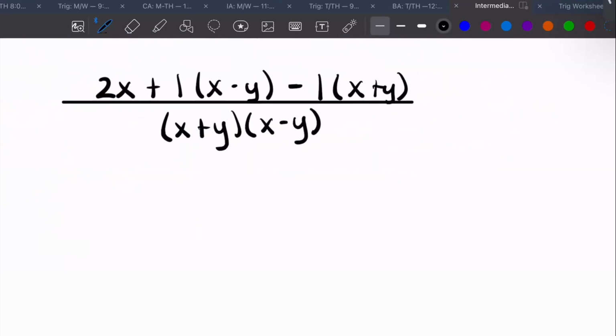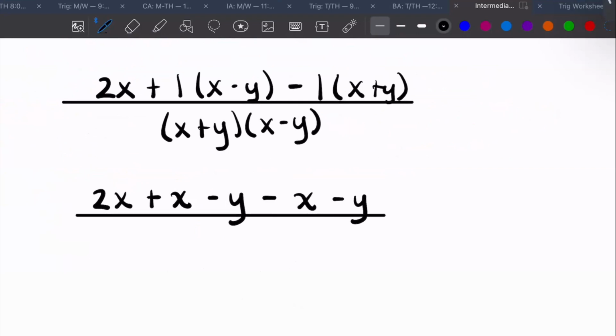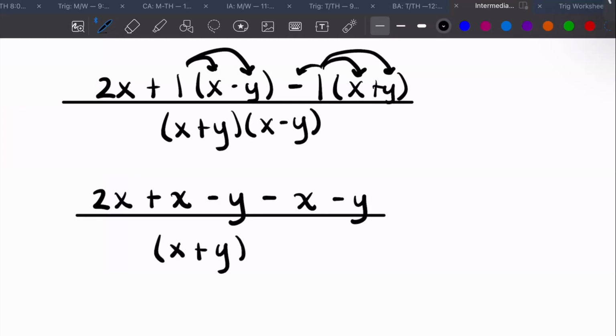Now we're going to clean up. 2x plus x minus y minus x minus y. All I did was distribute: plus x minus y, minus x minus y, over that common denominator.